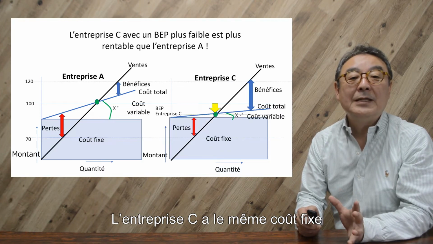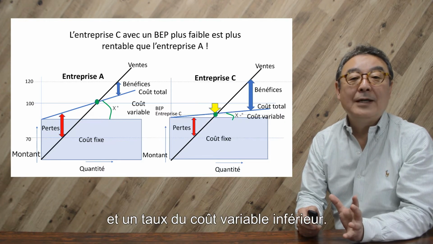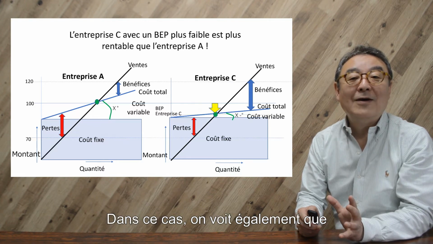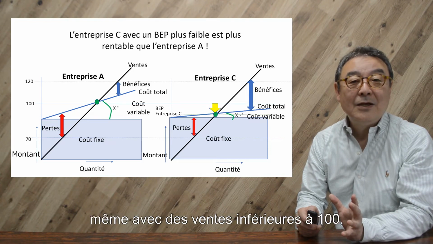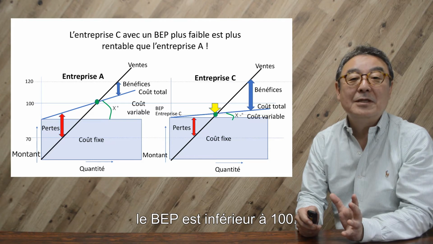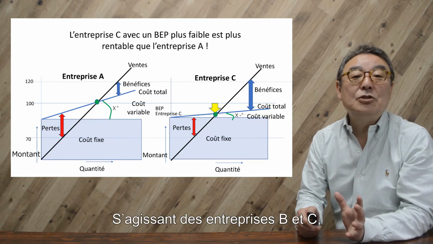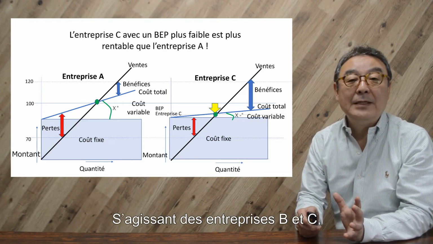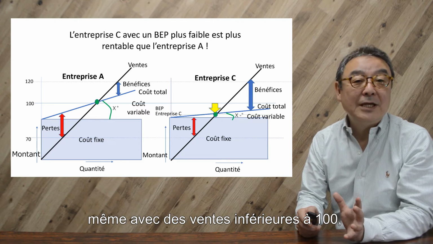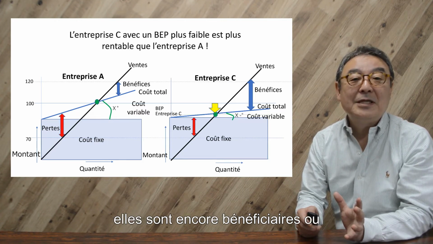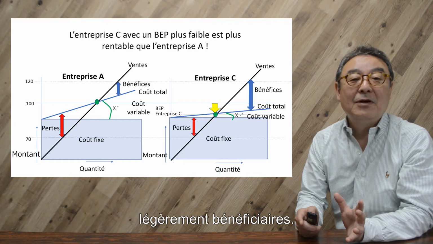Also, C company has the same fixed cost and lower variable cost ratio. In this case, we also recognize BEP is reduced from 100. So regarding B and C company, even if the sales reduce from 100, they can still get profit or a smaller loss.